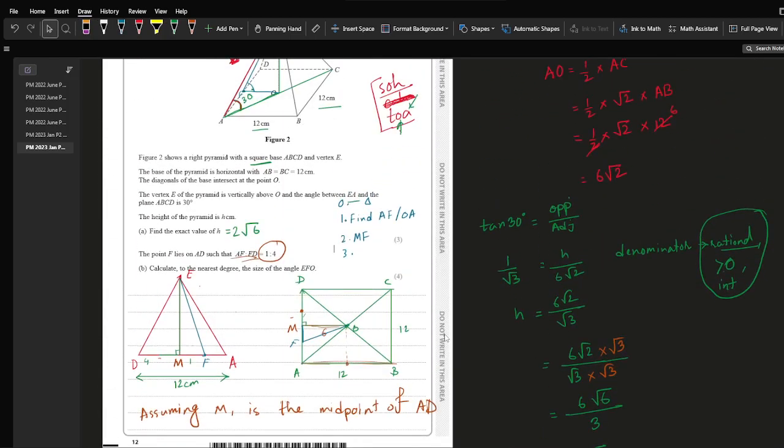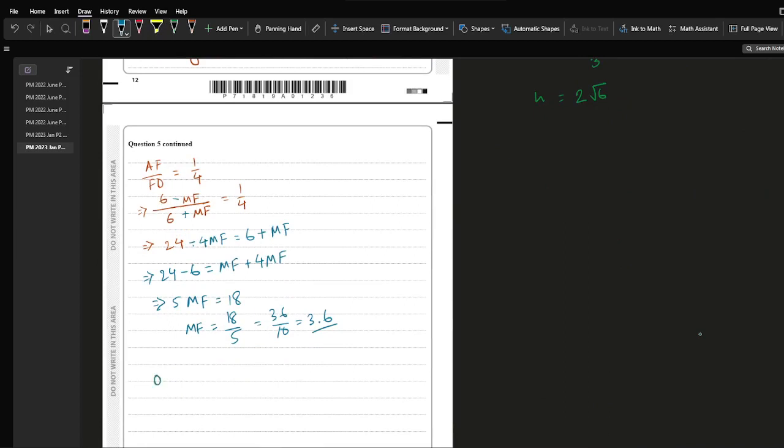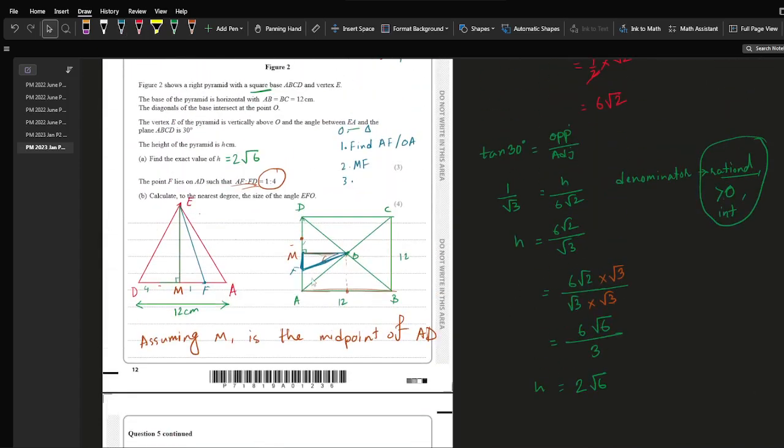Now that we have MF, and we already know this, we can easily find the OF. OF squared is equal to MF squared plus OM squared.